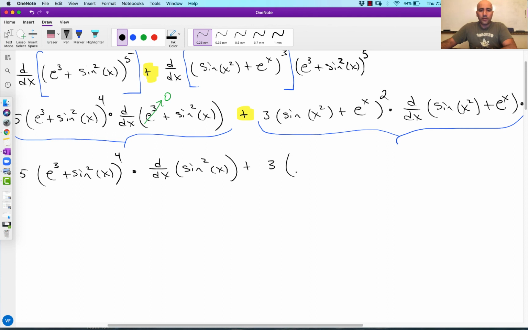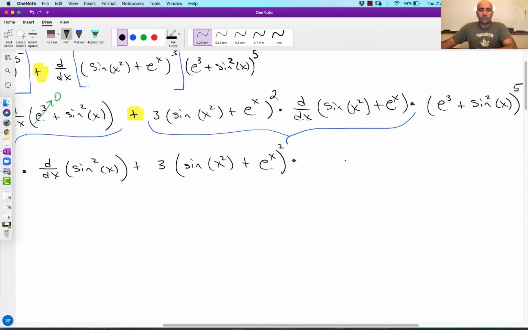Plus 3 sine x squared plus e to the x squared times, and now this is a little product, d/dx of sine x squared, plus, and then the derivative with respect to x of e to the x is just going to be e to the x.